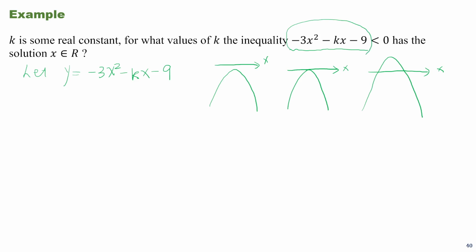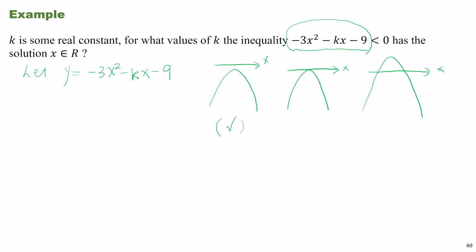So which case is the correct case? This is the only possible case, right? In this case, no matter what x is, that means as long as x belongs to the real number set, the function is always less than 0. Means no matter what x is, the whole function is under the x-axis, right?